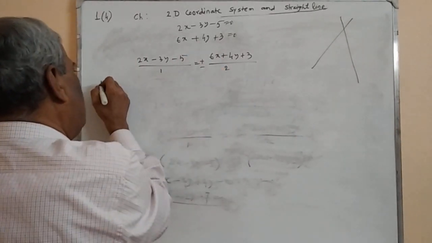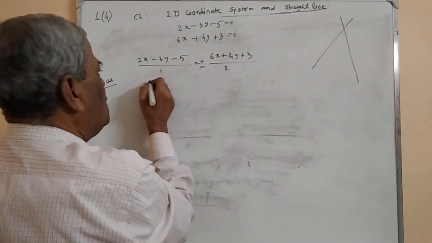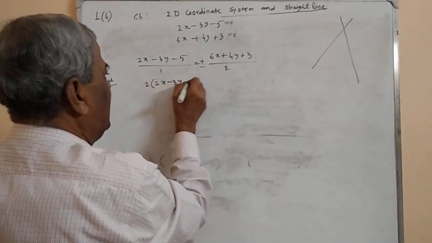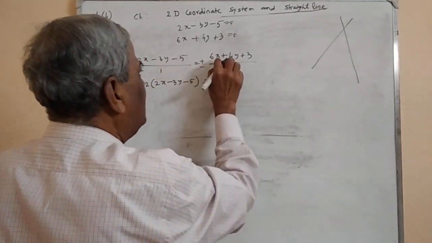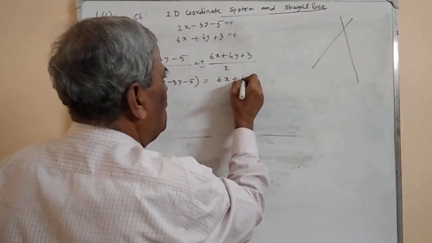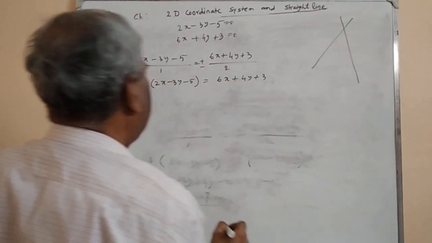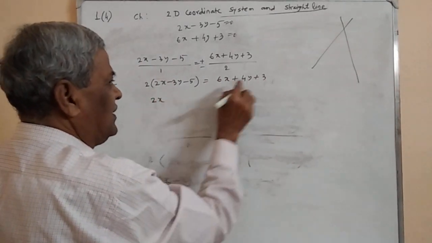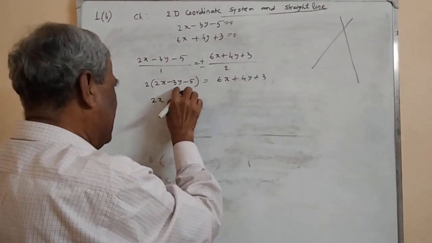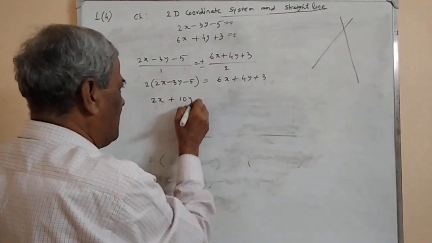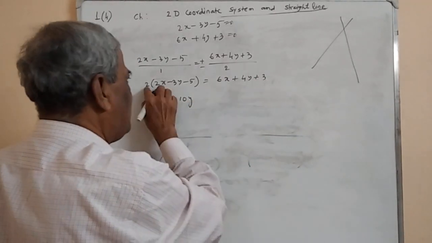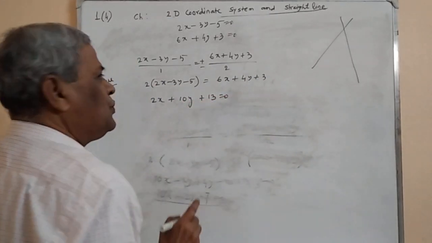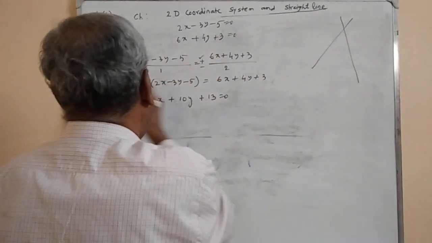Take plus. Taking the plus sign, 2 into (2x minus 3y minus 5) is equal to 1 into (6x plus 4y plus 3). That is, we get 6x minus 4x, that is 2x, plus 10y, and 3 plus 10, that is plus 13 is equal to 0, which is the equation of the bisector with the positive sign.